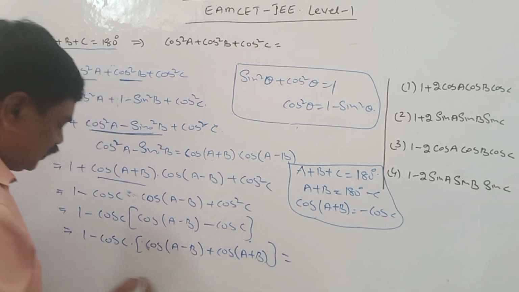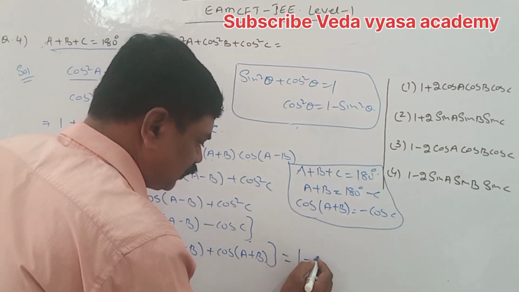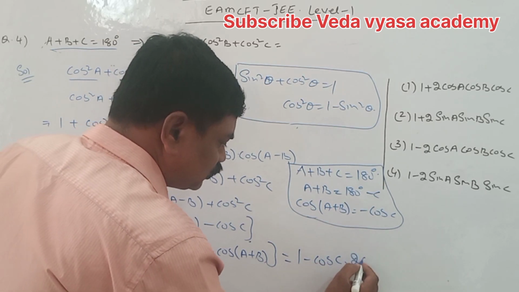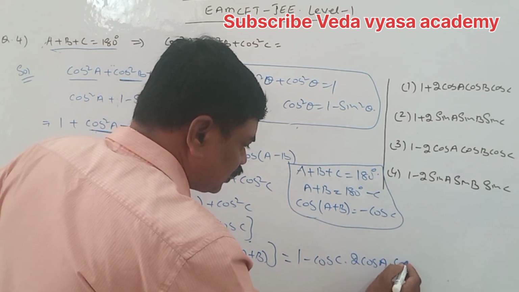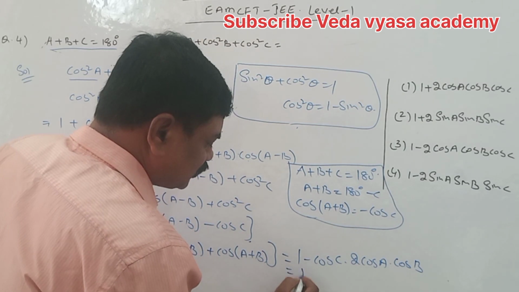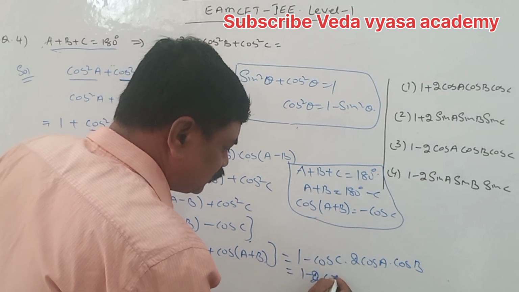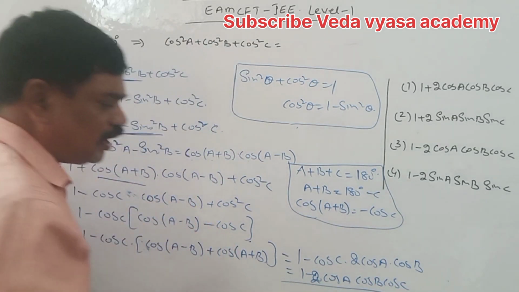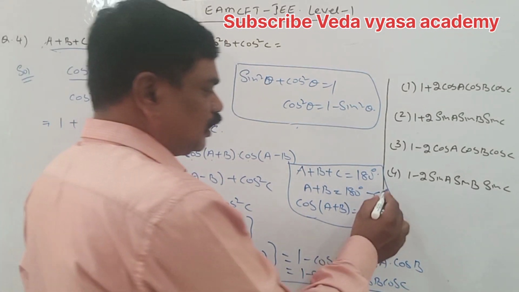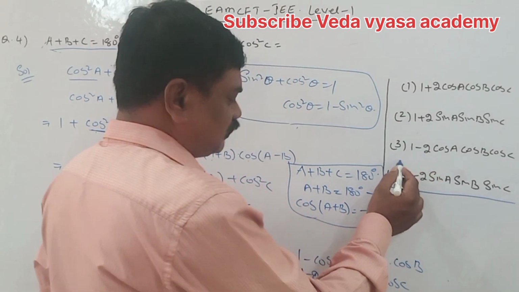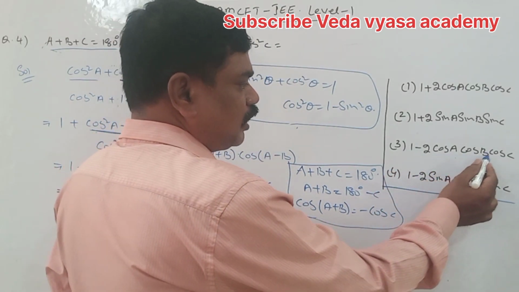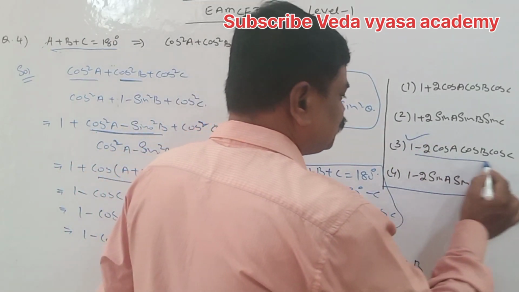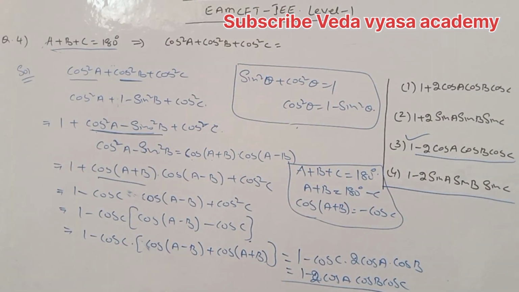This is equal to 1 minus cos c into 2 cos a cos b. Then 1 minus 2 cos a cos b cos c is the answer. So we have the option 1 minus 2 cos a cos b cos c. Option 4 is the answer. Okay, all of you.